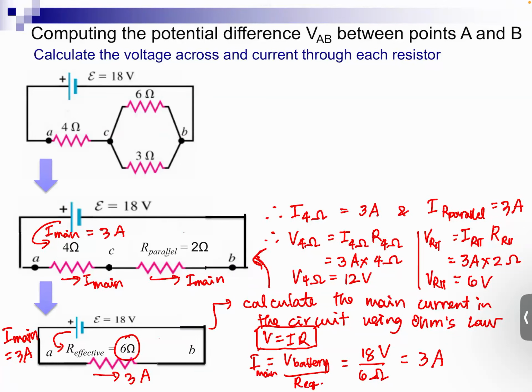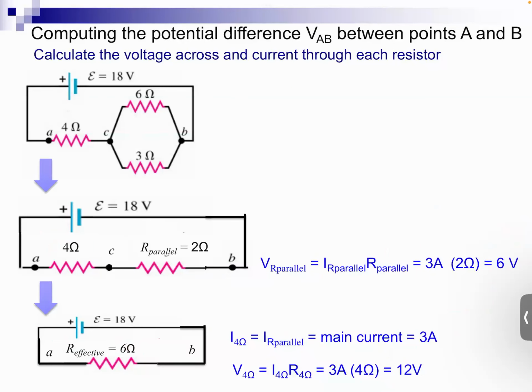You can check whether your answers for the voltage are correct, because you can see from your redrawn circuit that the 4 ohm resistor is in series with the R parallel resistor. To check, we know that in series, voltages add up.